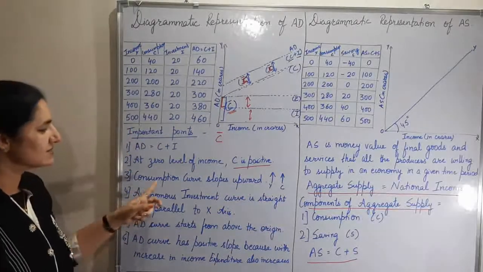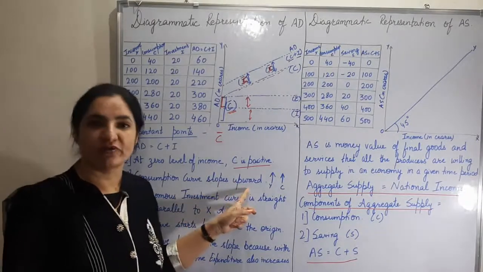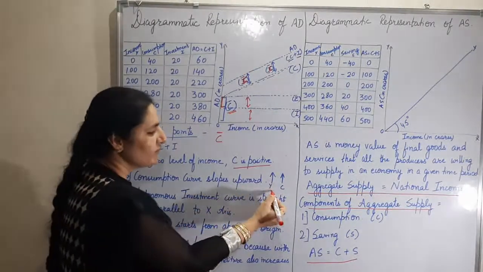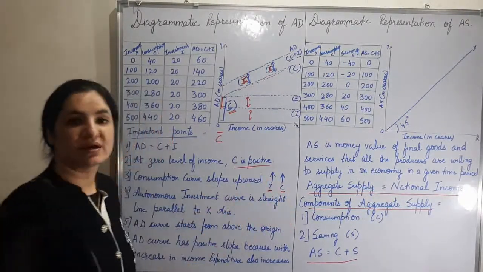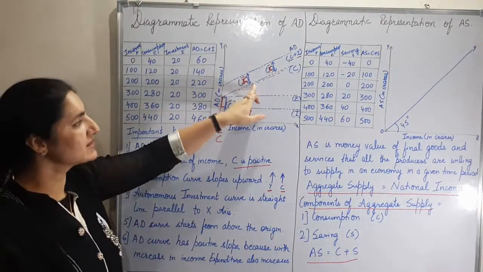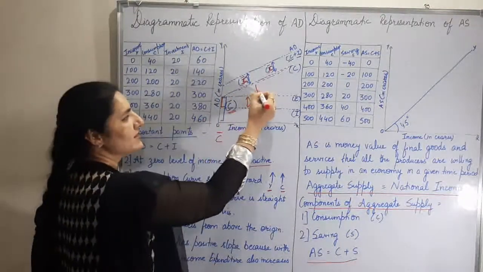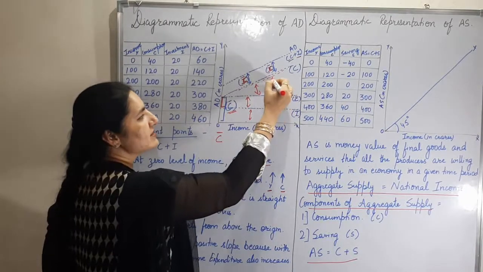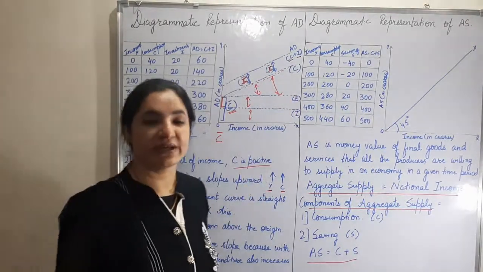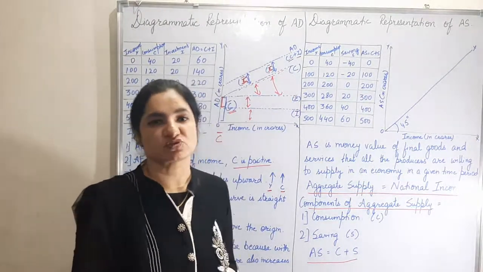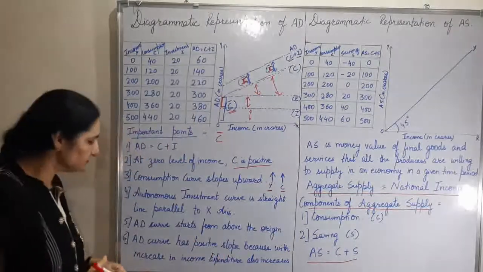Third point is the consumption curve slopes upward. The reason behind this is with increase in income, consumption also increases. We are talking about this area because it is dependent on income. When income increases, consumption also increases.